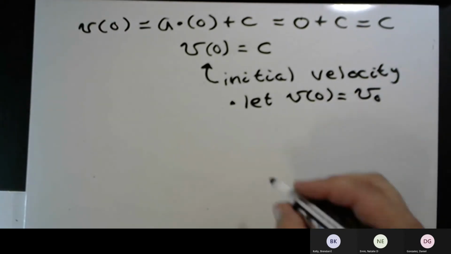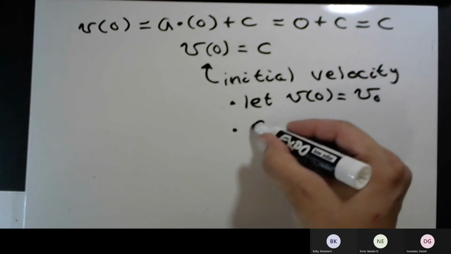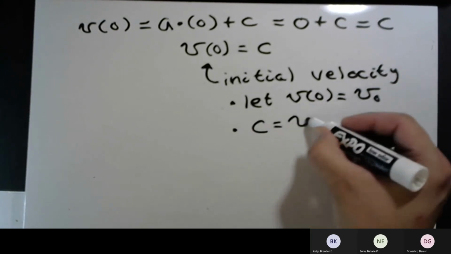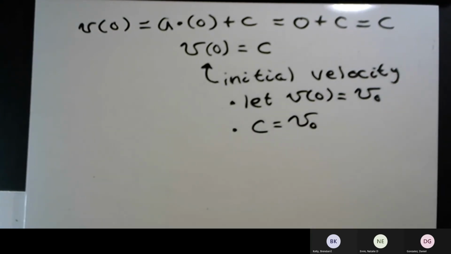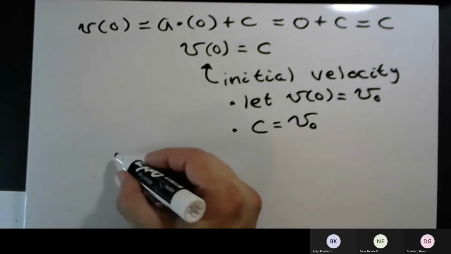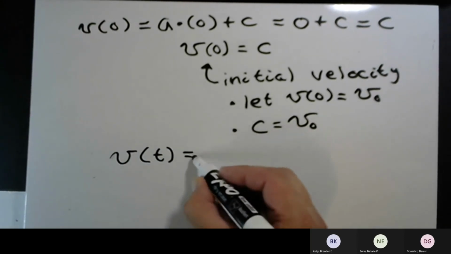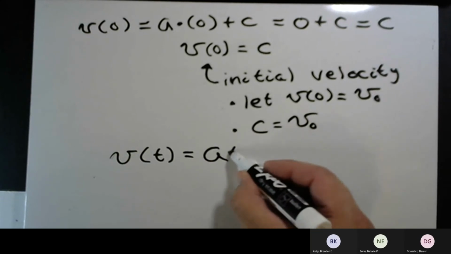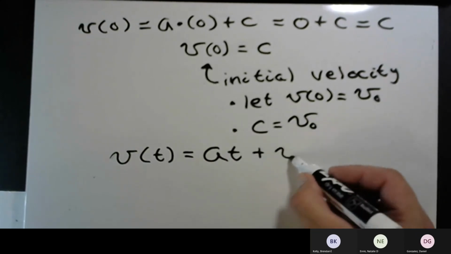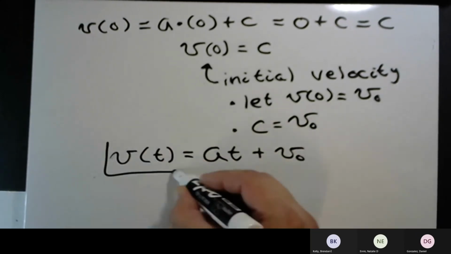You saw me almost write it. So C will be whatever velocity we have when the stopwatch actually starts. So this means V of t will be AT plus V sub 0.